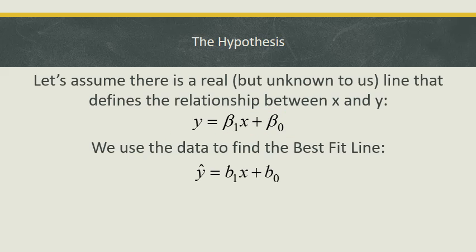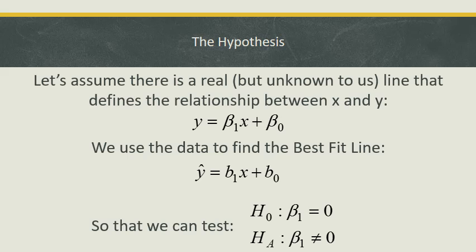And here's the crucial fact. If there really is no relationship between x and y, then the true slope coefficient would equal 0. A slope of 0 would mean that the y variable has no dependence on the x variable and hence no relationship.